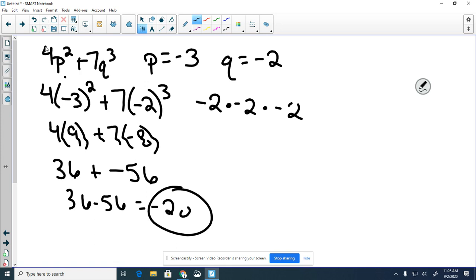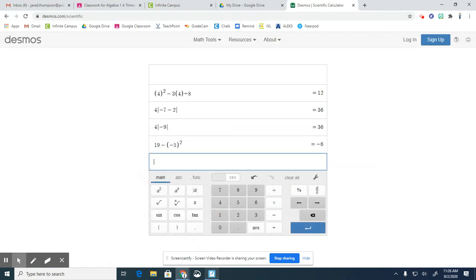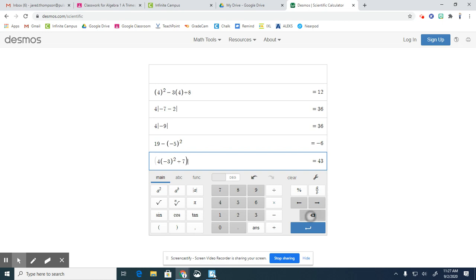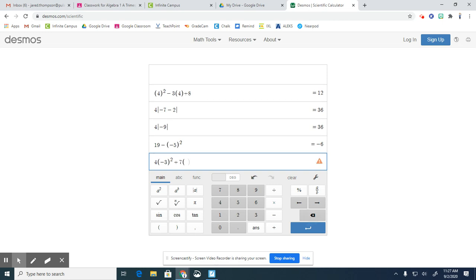Okay, if you want to use a calculator, go from here and type it in. So you got 4, open a parenthesis, put negative 3, get out of there, square, plus 7, open that parenthesis, and then we put our negative 2.